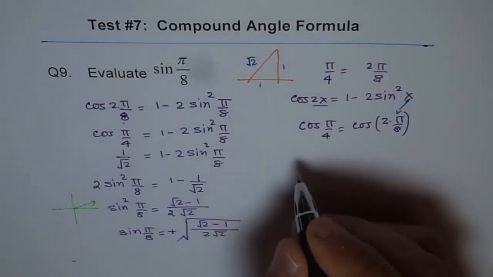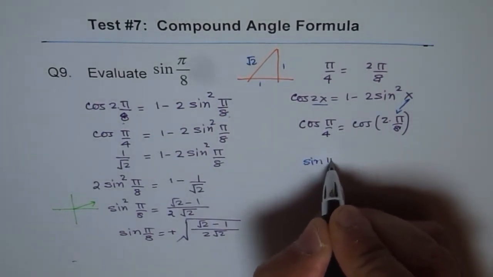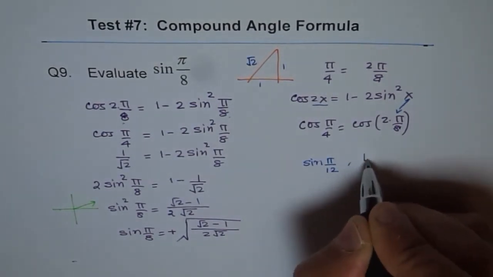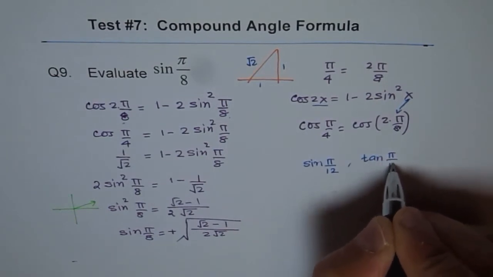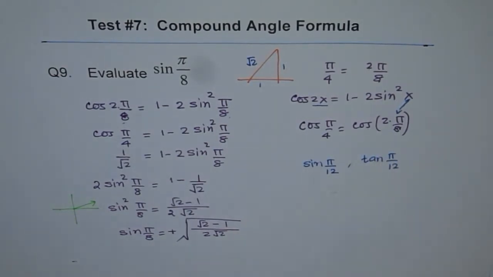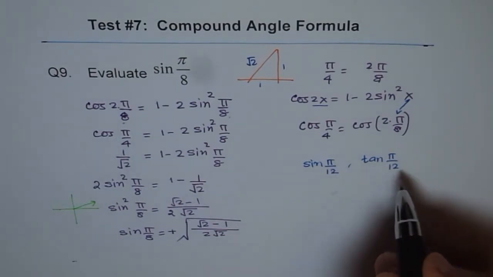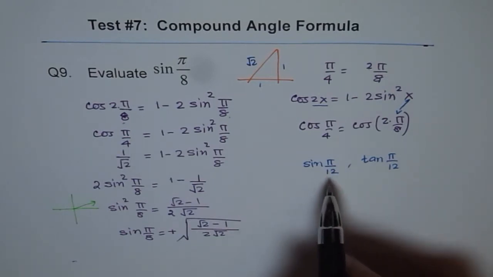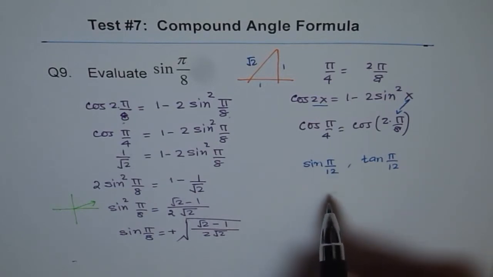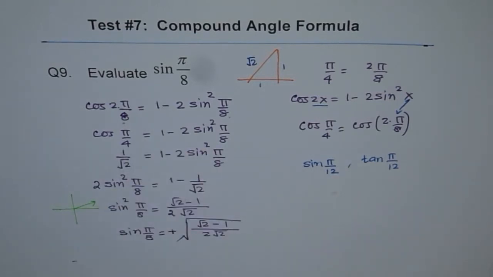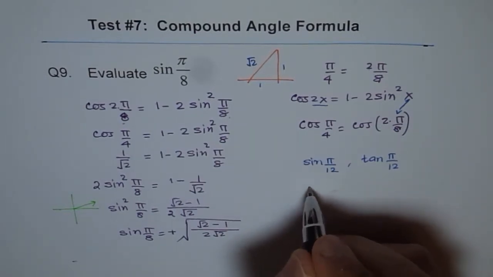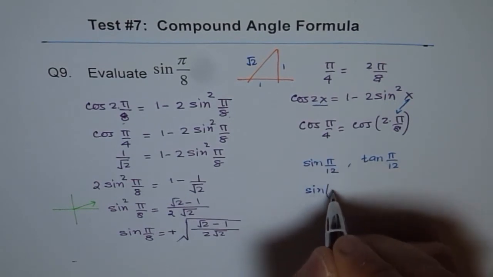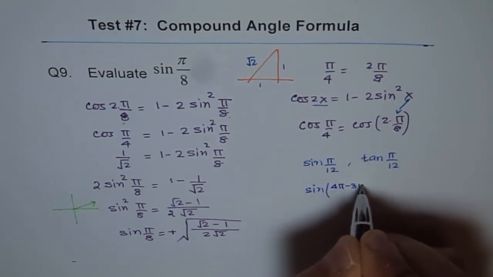You can try doing problems like what is sine of pi by 12, right? Or tan of pi by 12. So these are half of pi by 6, correct? So those formulas can be used here also. Well, for pi by 12 sine and cosine, you could also use your addition and subtraction formulas, the compound angle formulas. That's another story, but you could use this also at times, right? For example, you can write this as sine of 4 pi minus 3 pi by 12, correct?